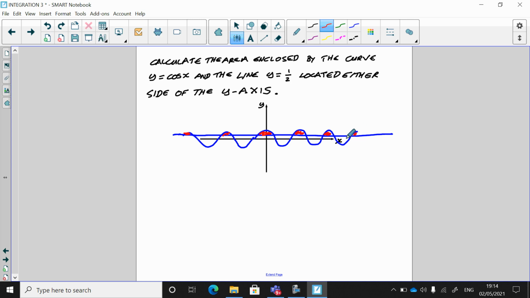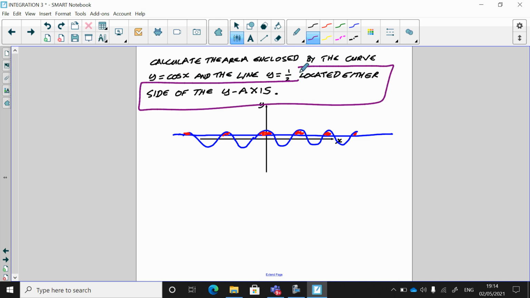So there's too many. What I'm looking at is located either side of the y-axis. I should have said specifically a region. So this is the region here, before we all got upset and you start sending in letters to the director of the BBC or whoever.